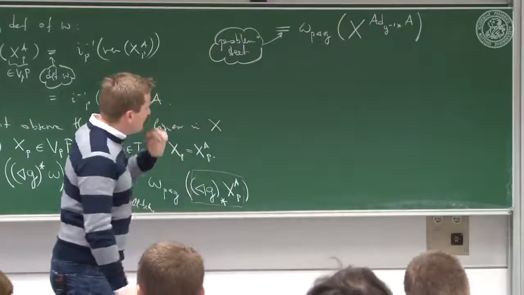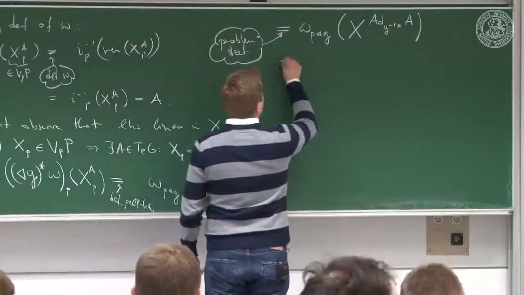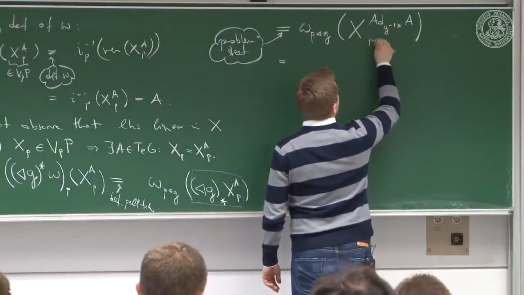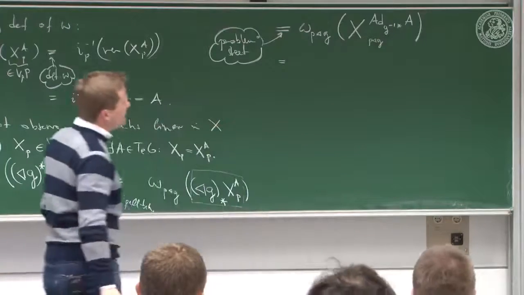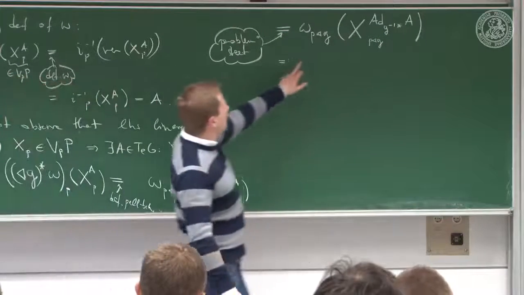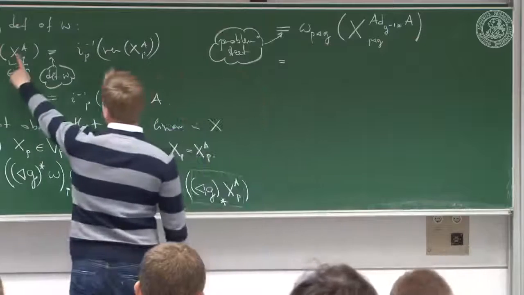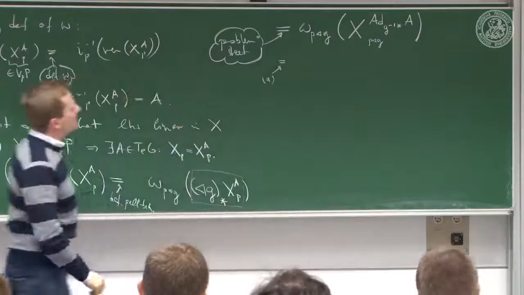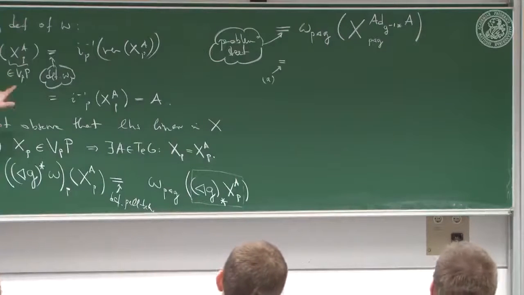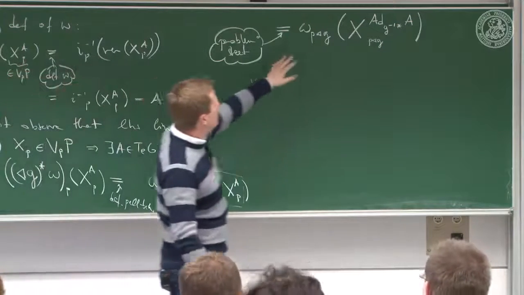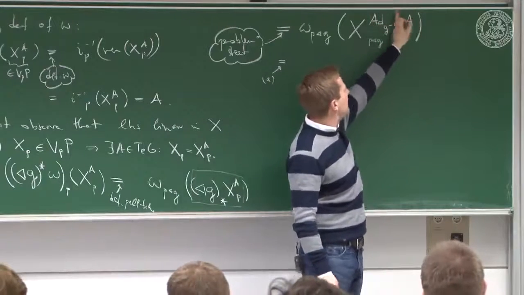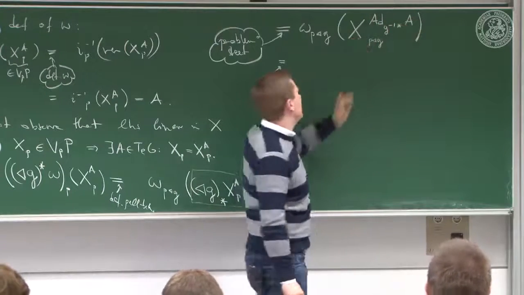And if you then look at this, then you see, aha, this is again at P acted upon from the right by G. But now we know from step A of the same theorem, which we already proved, that the omega at a point just extracts the Lie algebra element that generates the vector field on which it acts.